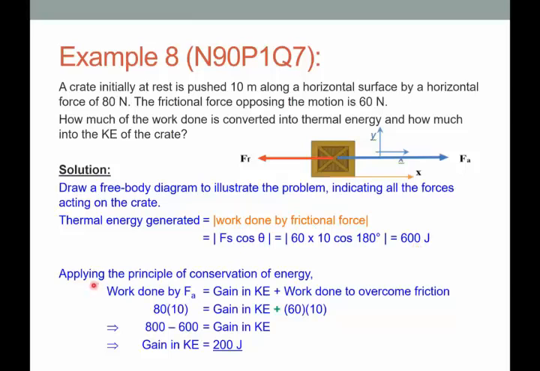You apply the principle of conservation of energy to this situation. The work done by the external agent will be equal to the change in kinetic energy plus the work done to overcome friction.